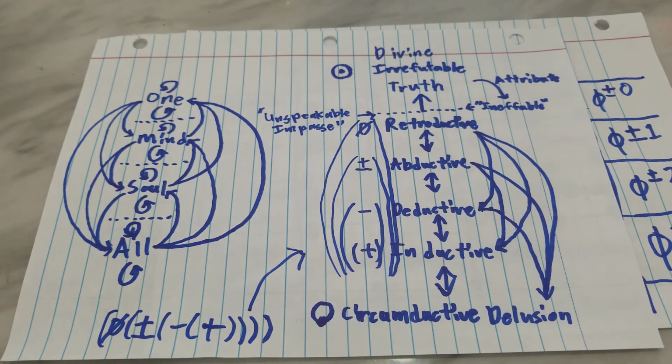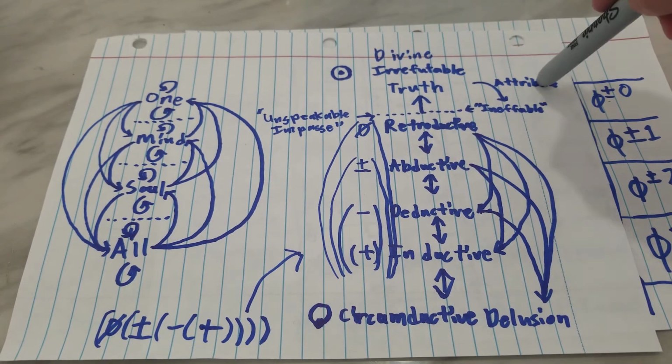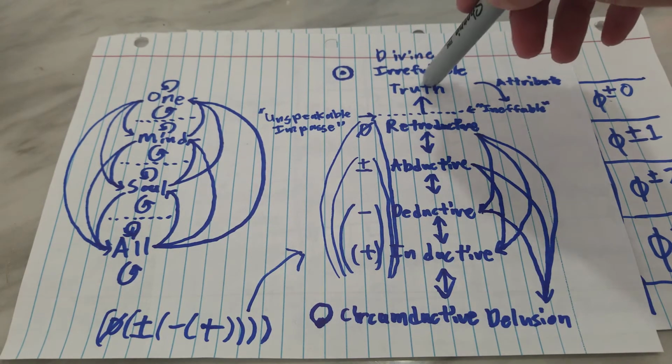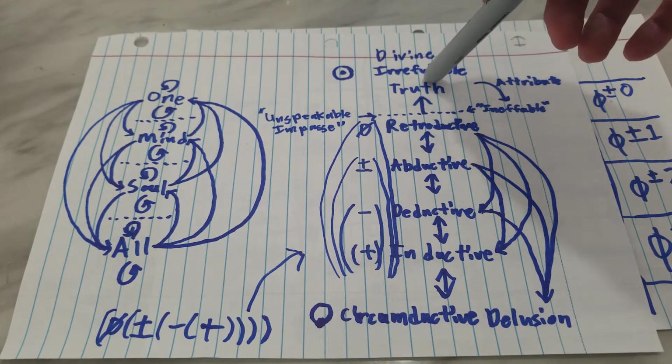But truth and eudaimonia and all that, they're kind of pointing towards the attribute of what happens if you realize the truth.